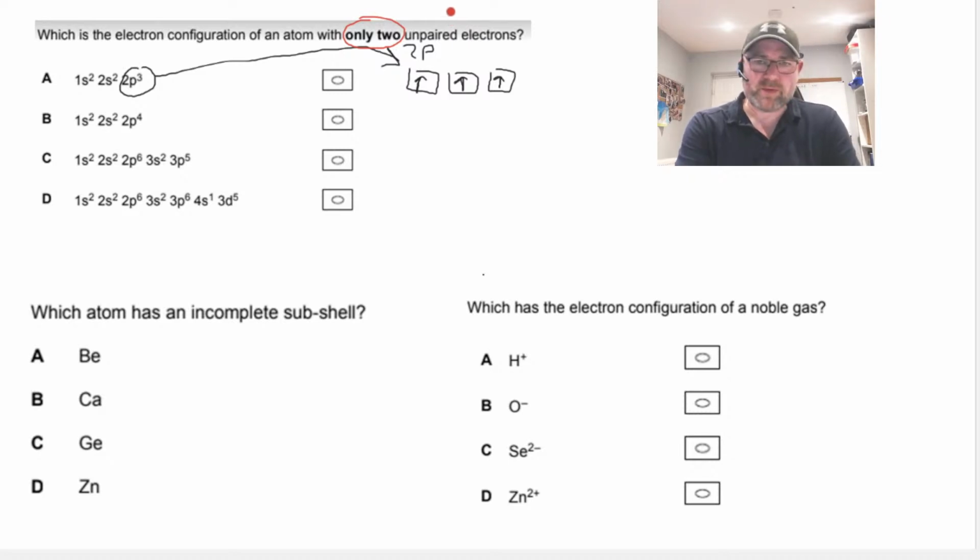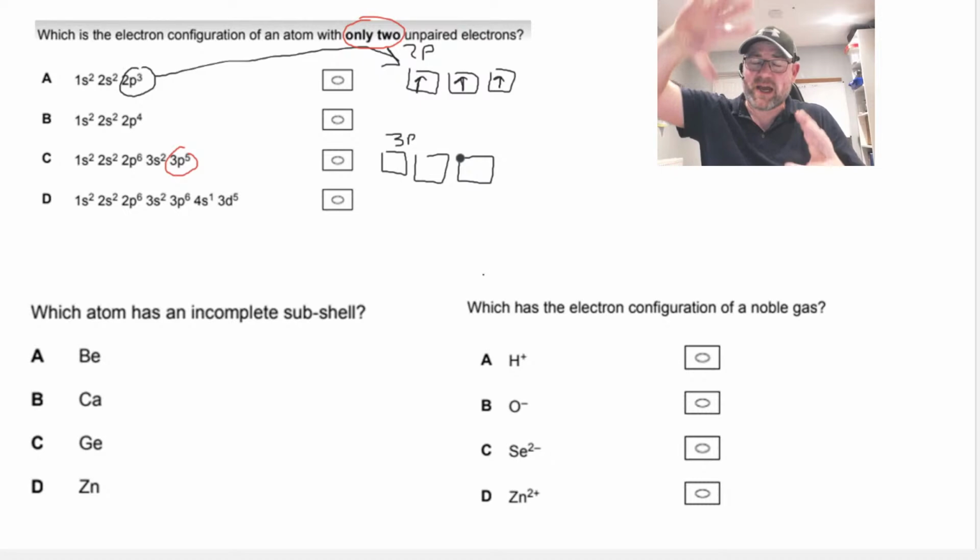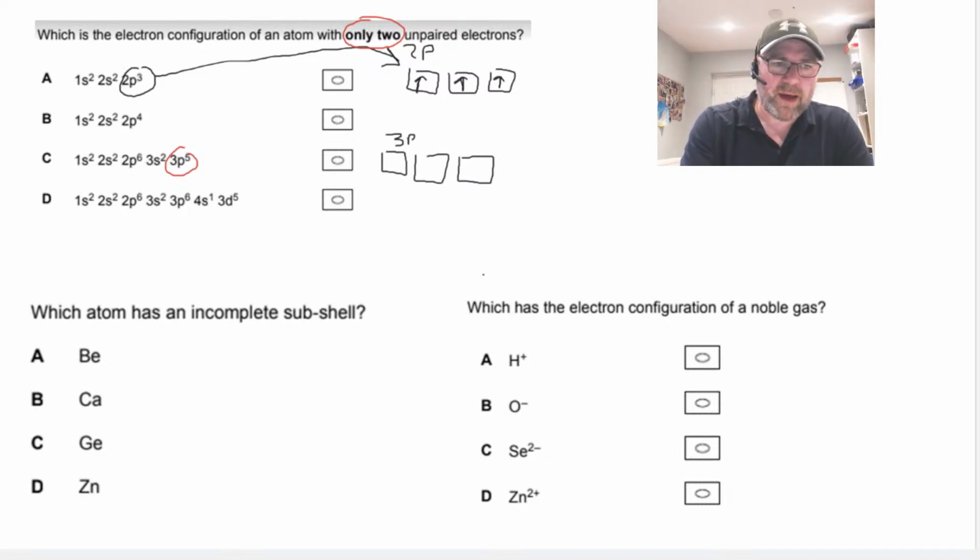Yeah, arrows represent spin. That's right. So if I look at this one, 3p5, I'm only drawing out the last one because it's the only thing I'm interested in. So 3p5 means it's in the 3rd ring, and p always has 3 boxes, 3 orbitals. Those orbitals are actually dumbbell shaped, but you don't need to worry about that.